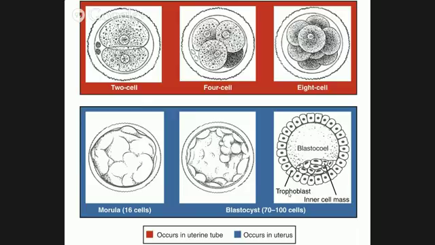Tropho, that root is referring to feeding, basically. And so the trophoblast is the tissue that's a precursor to what's going to allow us to feed the embryo.